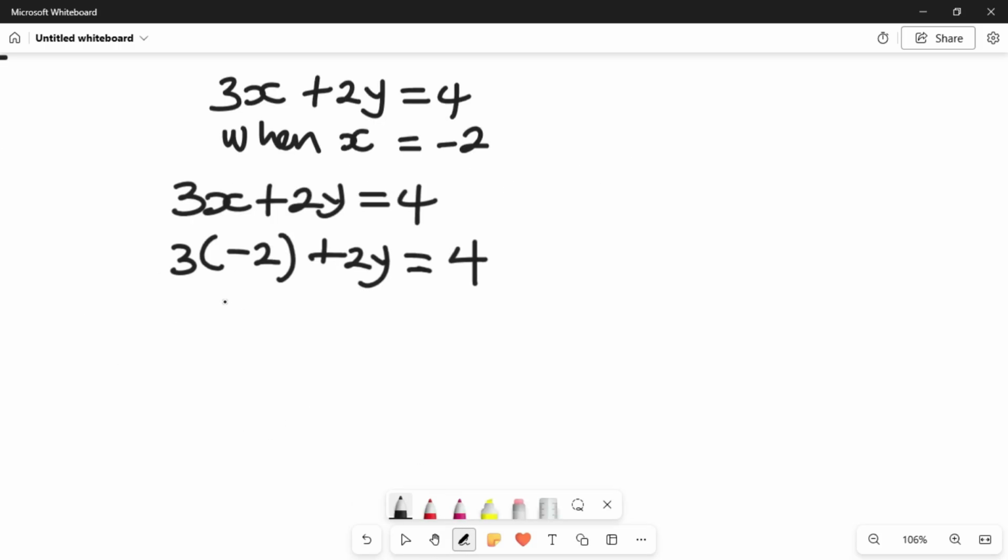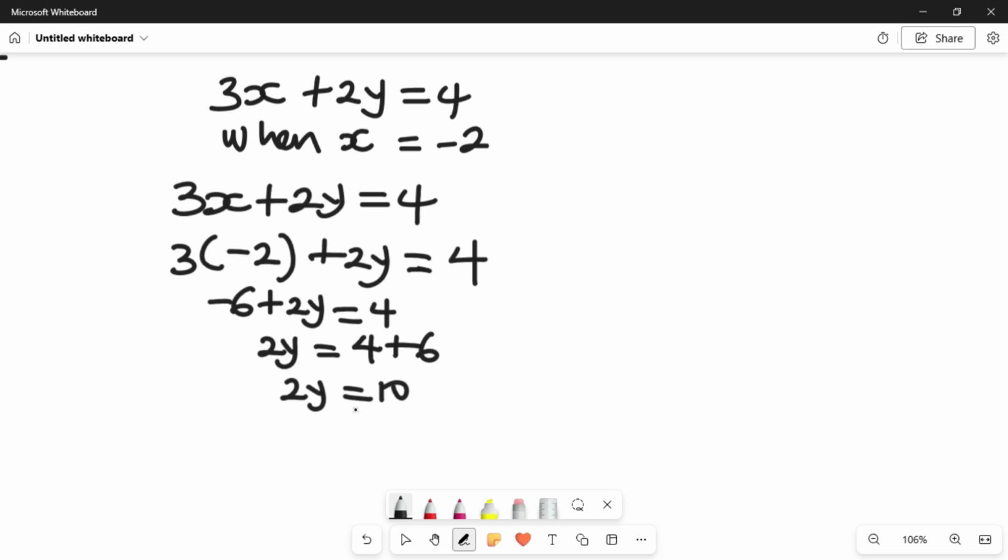So we have -6 + 2y = 4. Then we have 2y = 4 + 6. So 2y = 10. Divide both sides by 2, so y = 5. So that's the first value.